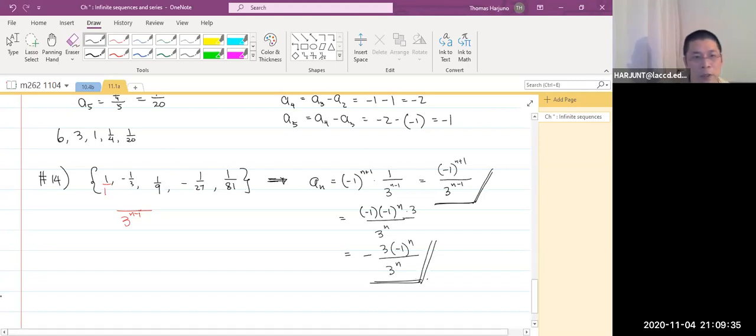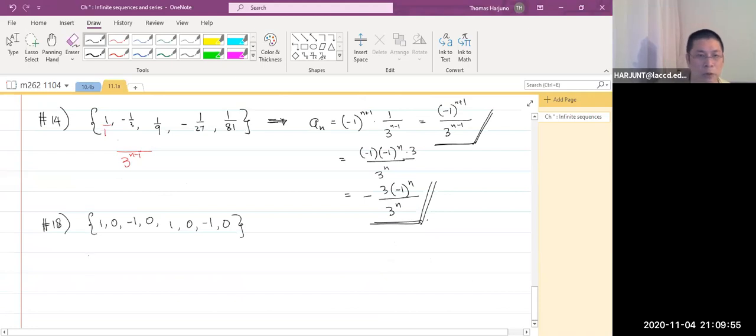Can you think of number 18? The sequence 1, 0, negative 1, 0, 1, 0, negative 1, 0. I give you a hint.